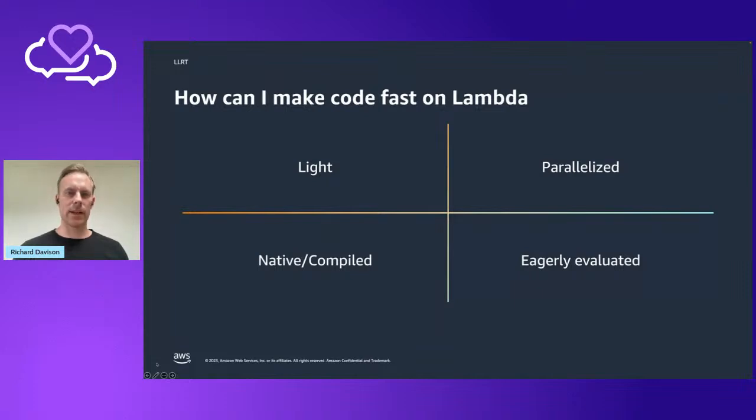It's actually stored in S3, and it's pulled in from S3. It's downloaded to the worker, and then it's loaded into the Firecracker virtual machine, and then it's executed, in this case, by Node or by LLRT. So I have to make it light.